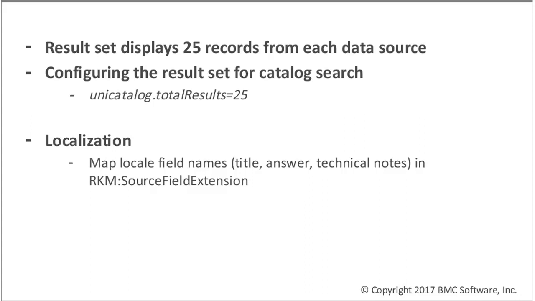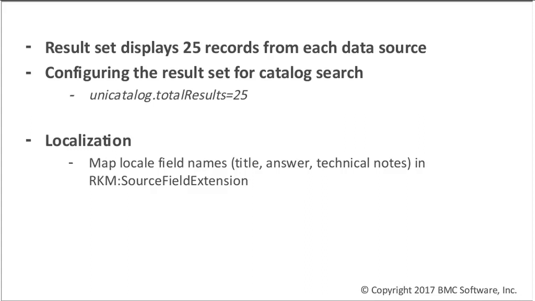Another point to note specific to RKM is localization of articles. Make sure you have the fields of the articles localized in the RKM source field extension form. Otherwise, the fields will be displayed in the default language, which is English.